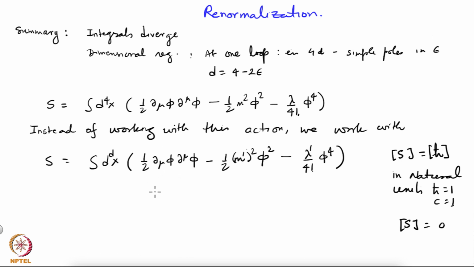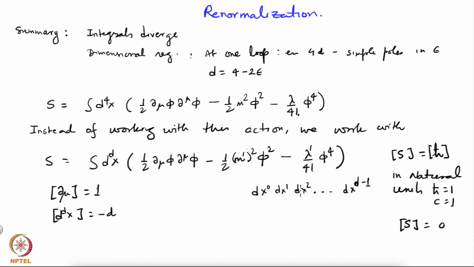because the dimension of del mu is known. Del mu is just a derivative with respect to a particular coordinate, so its dimension will be 1. So this I know. The mass dimension of d^d x will be minus d, because you have dx 0, dx 1, dx 2, and so on up to dx d minus 1.